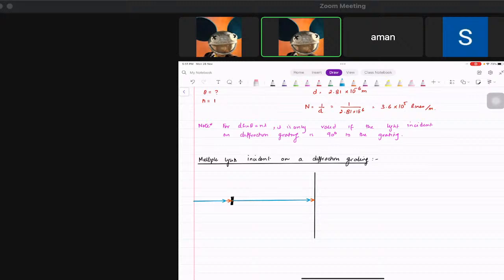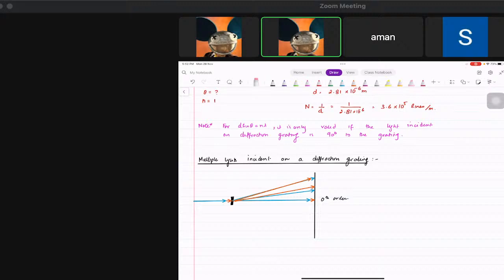As you go up, the blue color keeps on diffracting less than the orange, and after many orders they will overlap again.